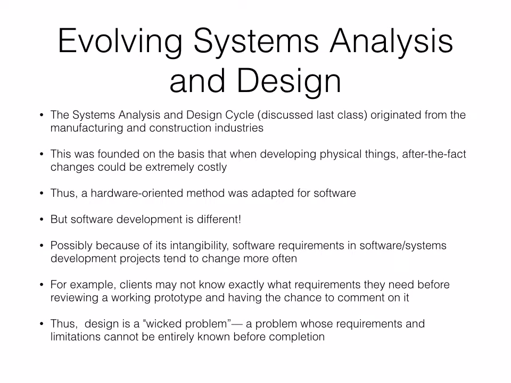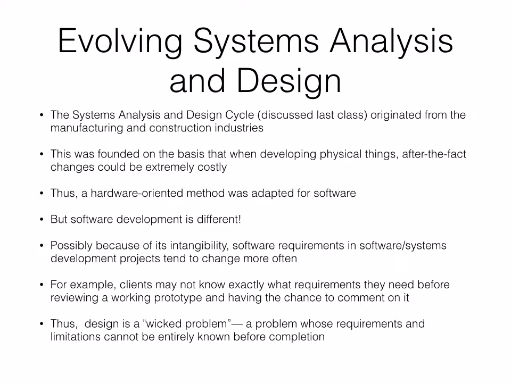So, evolving systems analysis and design. The systems analysis and design cycle, which we discussed last class, originated from manufacturing and construction. It originated from how we produce hard goods. So this was founded on the basis that when developing physical things, after the fact changes could be extremely costly to do. So they had this very discrete, phased process.